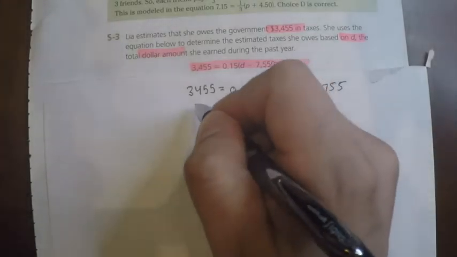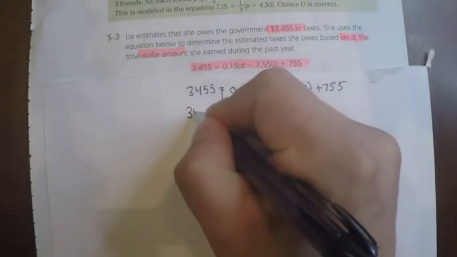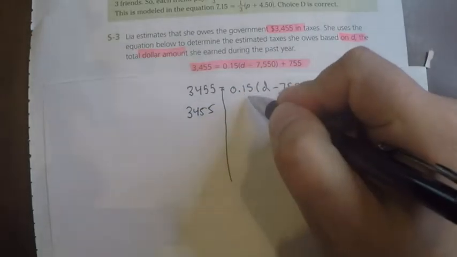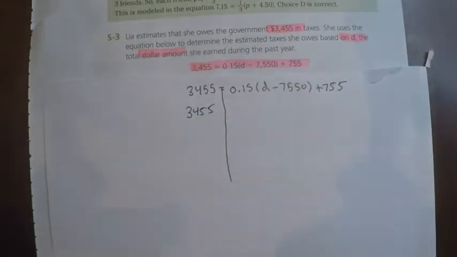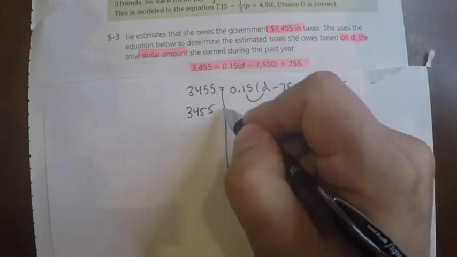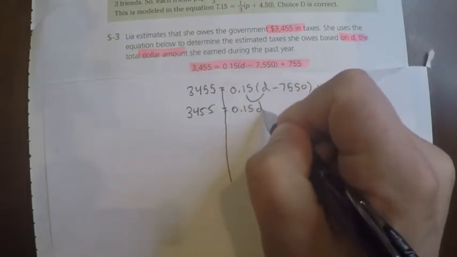We're going to start by just bringing down our two sides of our equation, rewrite our 3,455. Then we're going to distribute our 0.15 to both d and to negative 7,550. So 0.15 times d is equal to 0.15d.